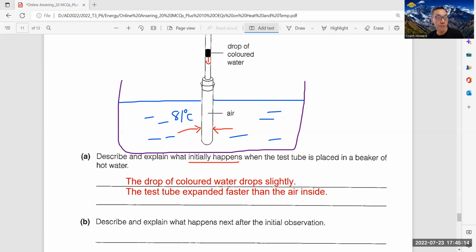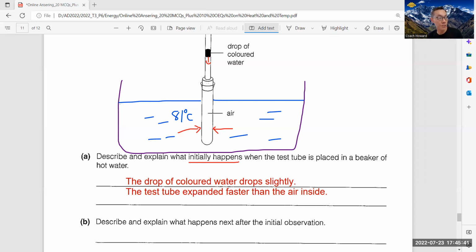Okay, so this question is a bit tricky. You need to know that at first, the test tube will expand faster than the air, because as you know, air is a poor conductor of heat. So the first thing here that expands is the glass tube or the test tube. But slowly, when the heat is being conducted inside, the air will expand faster than the test tube.